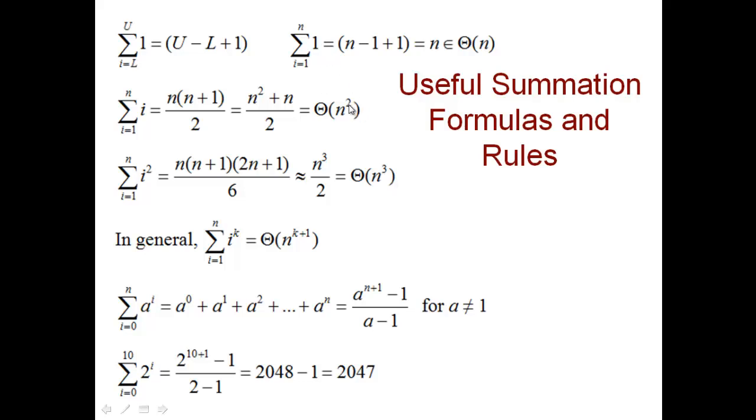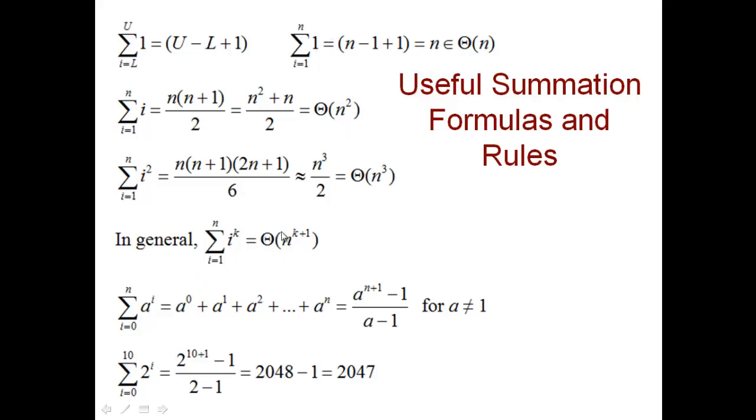The exponent, or the degree of the polynomial inside the theta notation, is 1 more than the exponent of I. If it is n squared, it is I raised to 1. If it is n raised to 3, this is I raised to 2. If it's n raised to 1, 1 less than that exponent is 0, that is I raised to 0.